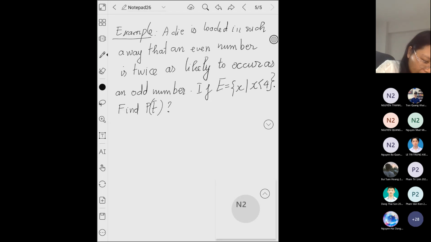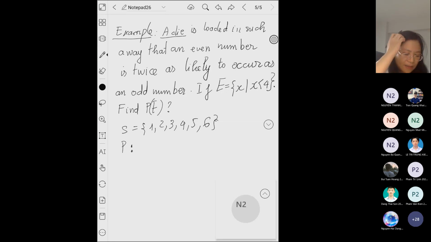When we roll a die, we know that the sample space is 1, 2, 3, 4, 5, 6. And probability is a map from the sample space to the interval 0 to 1. It means that for each event A, the probability of A is a number in the interval 0 to 1.